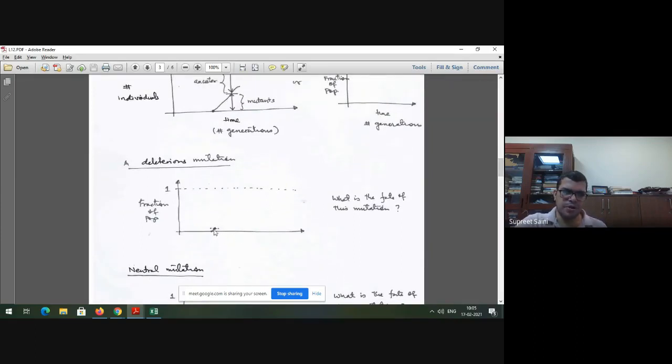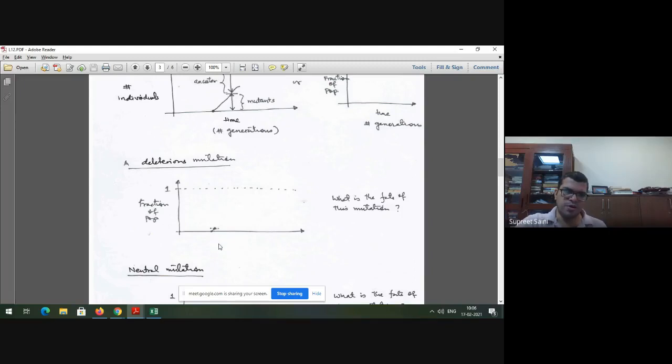That means now we have one individual, so the frequency of that individual is 1 upon n. We have 1 upon n individuals carrying a deleterious mutation, and n minus 1 individuals whose frequency will correspond to n minus 1 upon n, of the ancestral genotype.